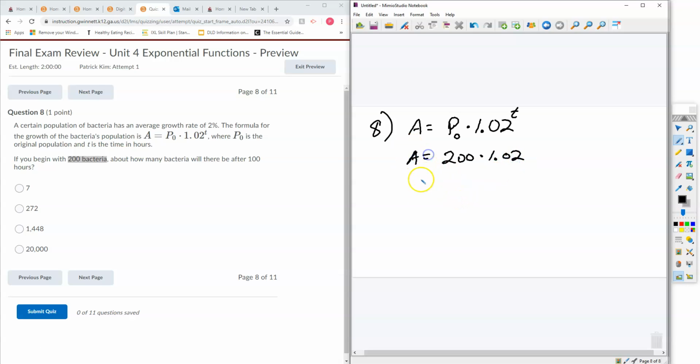So the question's asking, how many bacteria will there be after 100 hours? Type this in a calculator. If you do, especially if you're using a phone calculator, do this first. Okay, and then multiply by 200.